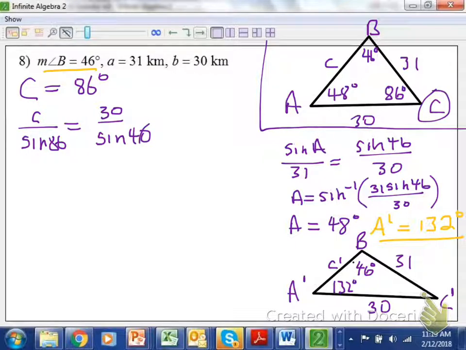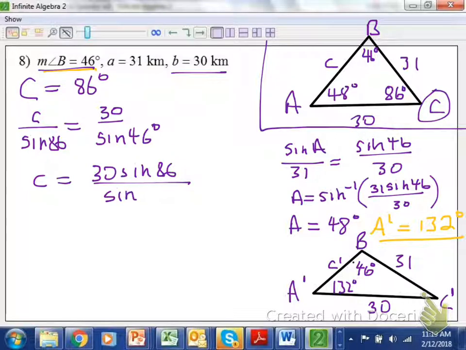Always go back to your given information. We were given 30 and 46 to begin with, so let's use that. We know that information is right. It's just not going to help us if the 86 is wrong, but it's just a good habit when you're working with problems to use the given information as much as possible. Cross multiply there, and we get c equals 30 times the sine of 86 divided by the sine of 46, which is approximately how much?